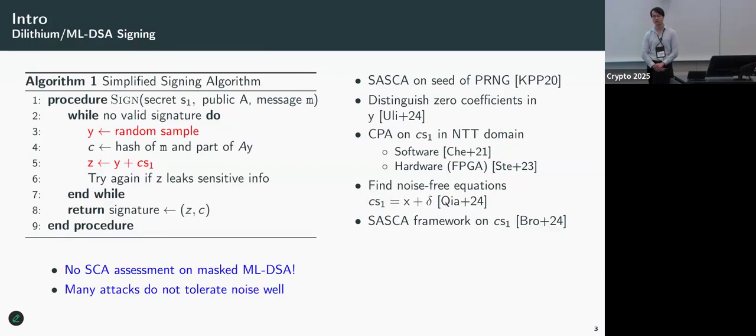The last one, which is a SASCA framework on CS1, analyzes whether we could defeat shuffling with SASCA. It turns out to be the case, but they did not analyze if this will work for masked ML-DSA. And many of those attacks do not tolerate noise that well, so it's unclear if they will apply to a masked ML-DSA implementation.